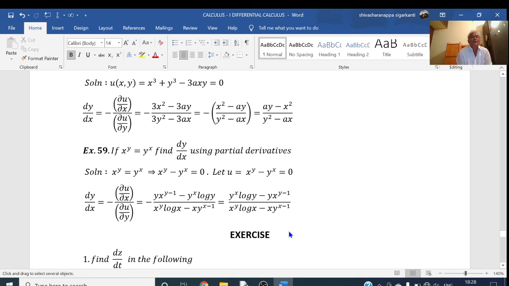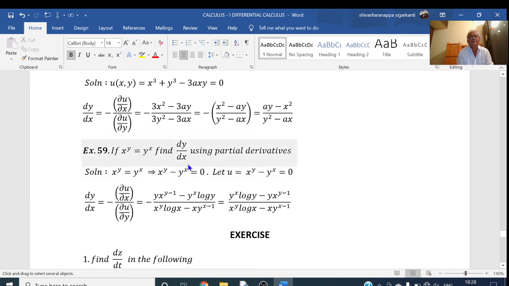One more example. If x to the power of y equal to y to the power of x, find dy by dx using partial derivatives. Given x raised to y equal to y raised to x, this implies x to the power of y minus y to the power of x is equal to 0.